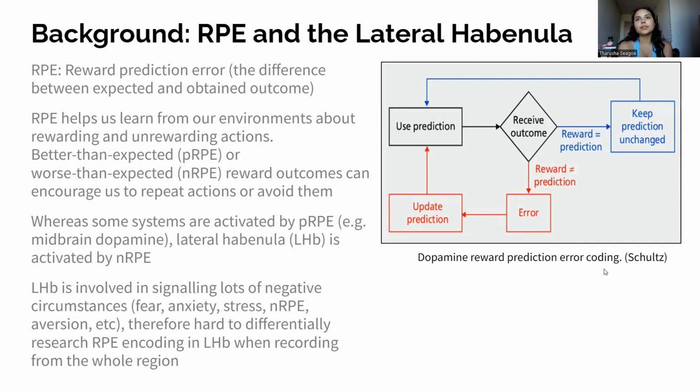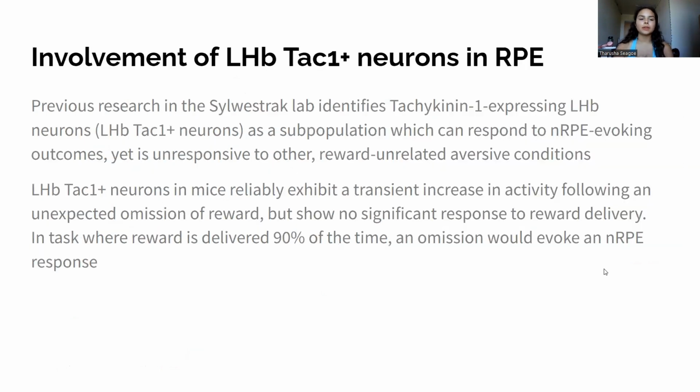So that might be fear, anxiety, stress responses, but that includes negative reward prediction error. However, because those systems have a lot of interplay, it's hard to sort of isolate and study reward processing in the lateral habenula if you're recording from the entire region because of all of those other phenomena going on at the same time.